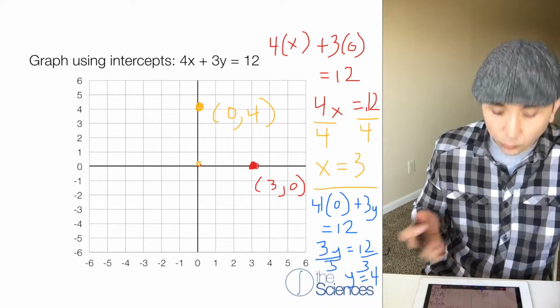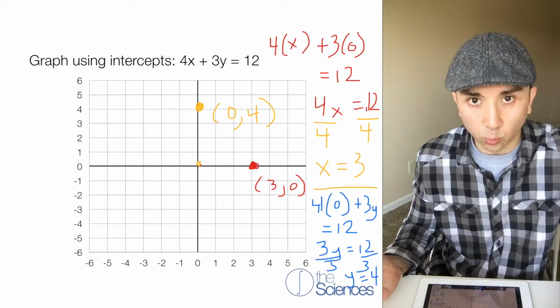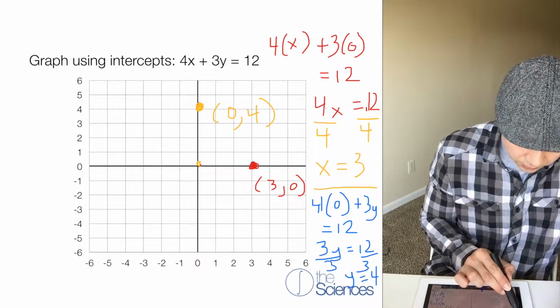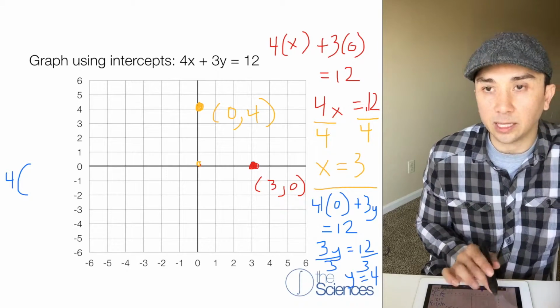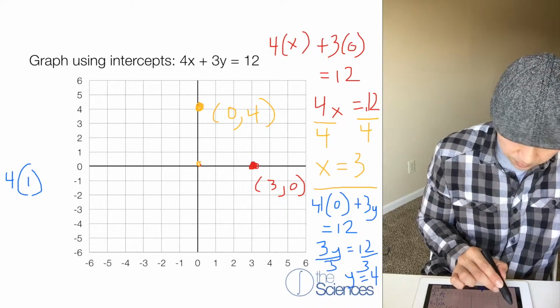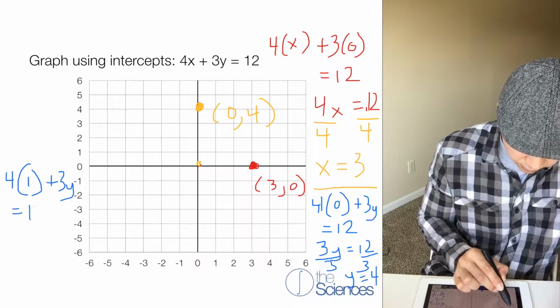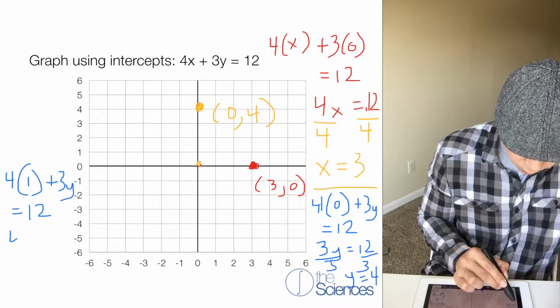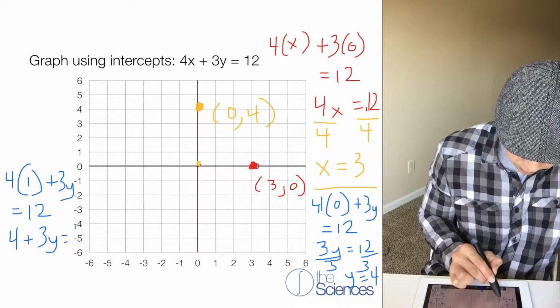We can pick any number. So what would y be if x equals 1? Let's find that out. We're going to substitute 1 into the equation. So 4 times 1 plus 3y equals 12. Now we have 4 plus 3y equals 12.